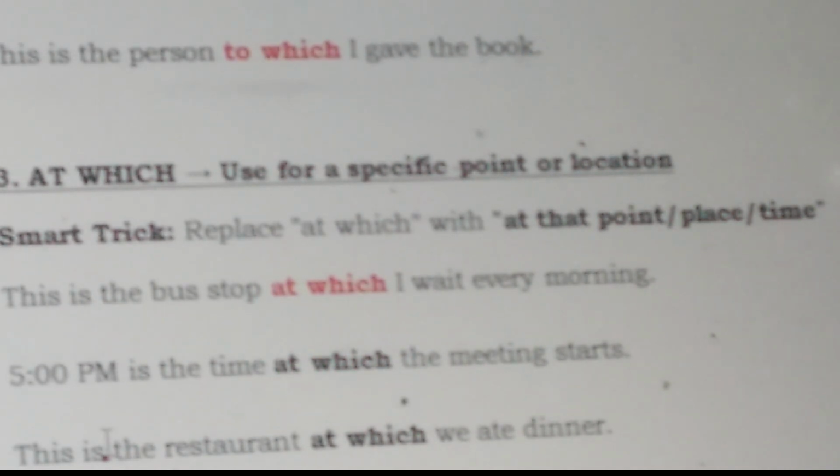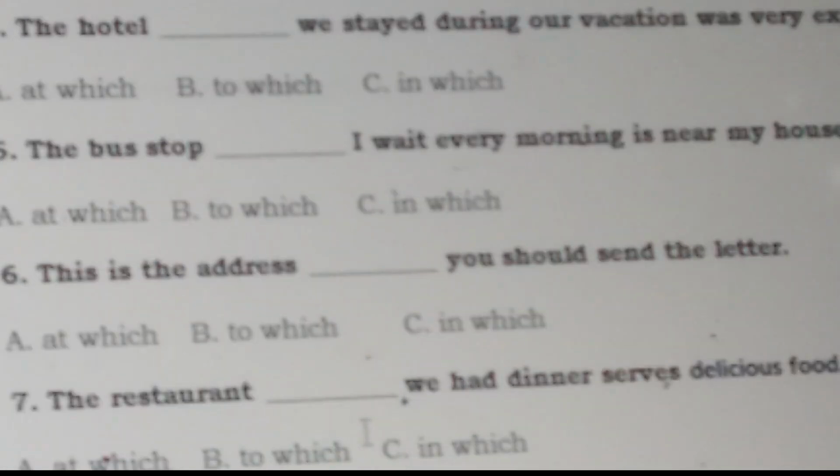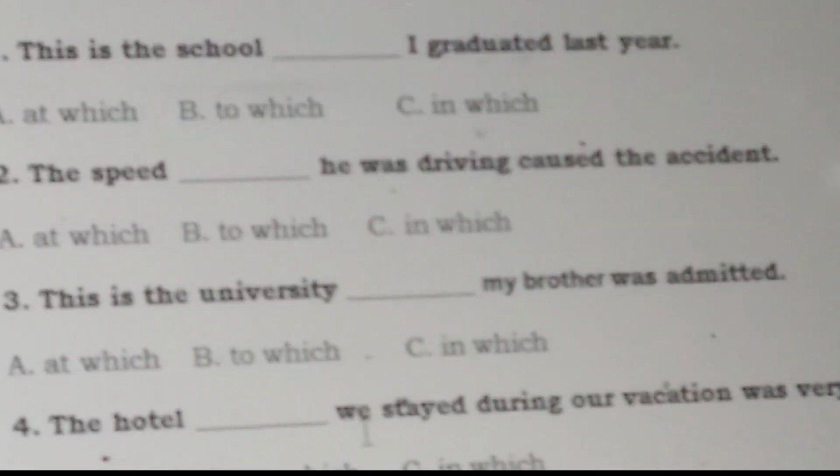So at that time we use at which. Look, this is the restaurant at which we ate dinner. Which restaurant, a specific place where we ate. At that place specifically we did something, so we use at. Still, let's do this together.